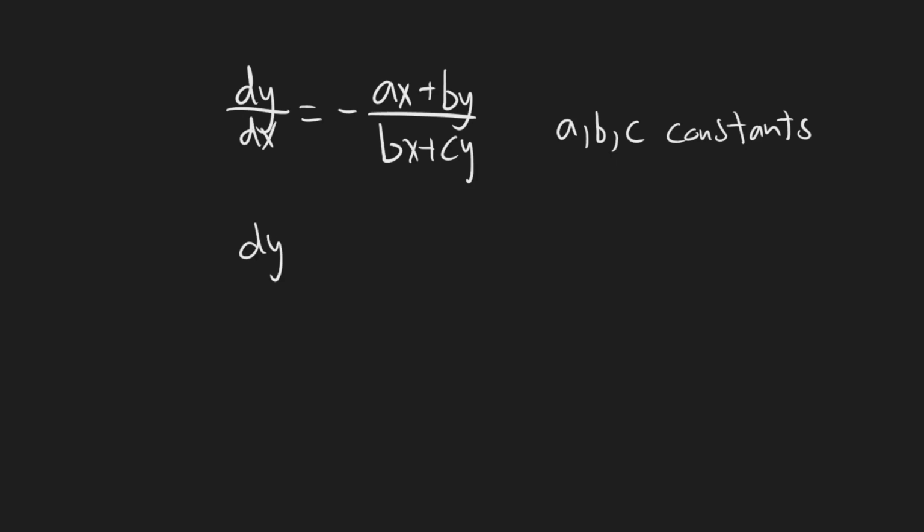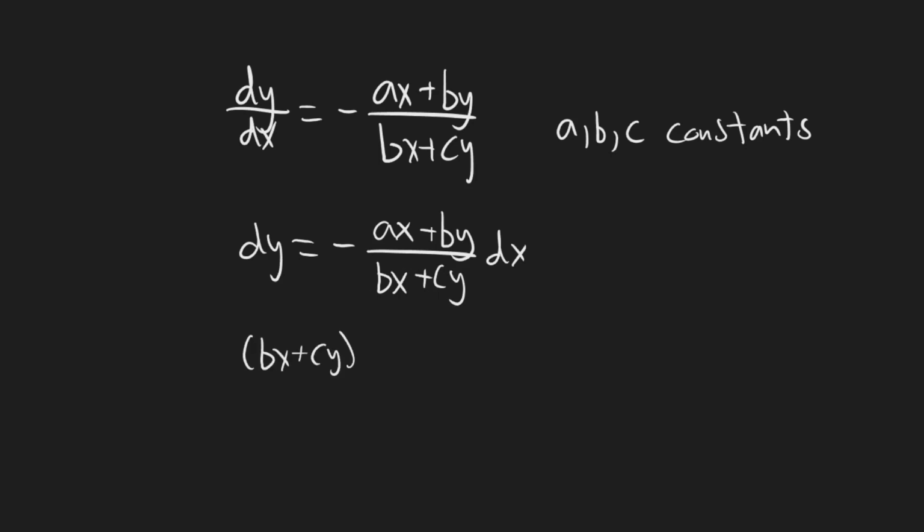Let's multiply both sides by dx, and we're left with negative ax plus by equals bx plus cy times dx. Now we'll multiply both sides by this denominator, and we'll get bx plus cy dy equals negative ax plus by dx, like that.